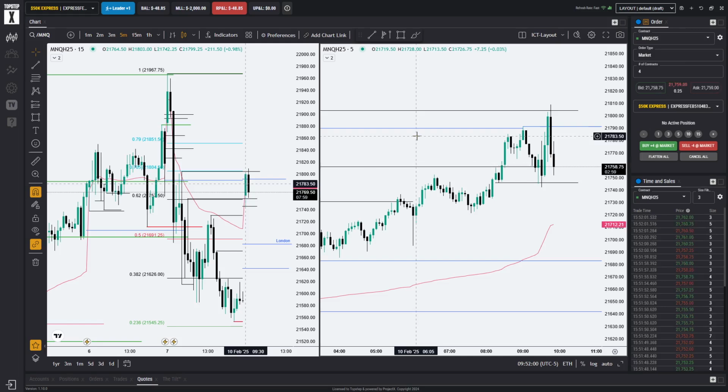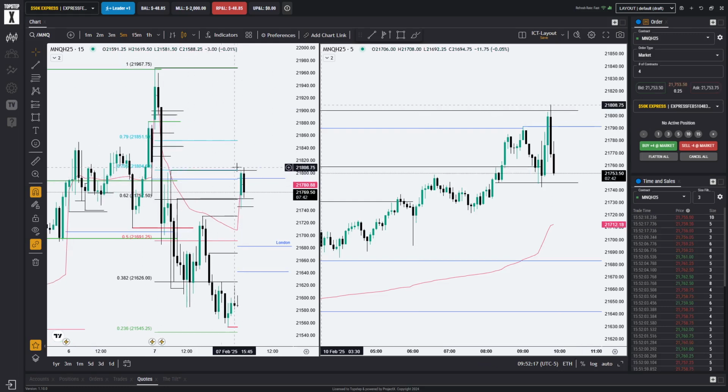It's just divergence between ES and NQ. Problem is that ES might just start to push up again, and then NQ is gonna go. But I like that we took that liquidity here and here.